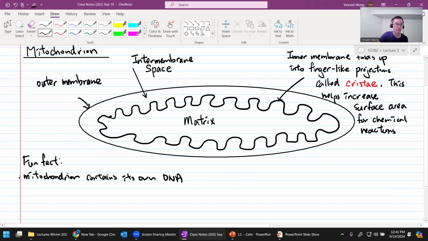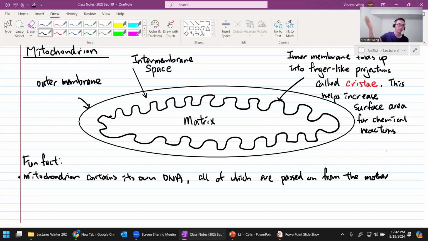And also, fun fact, the DNA in the mitochondria, all of which are passed on from the mother. Okay, all your mitochondrial DNA comes from the mother.